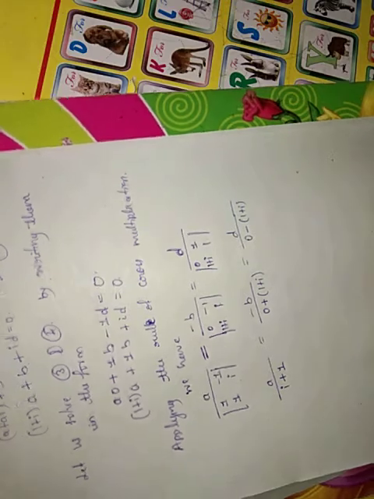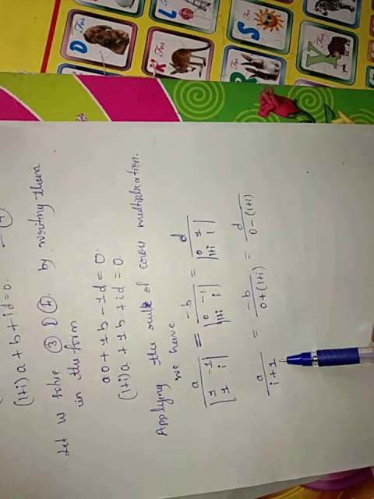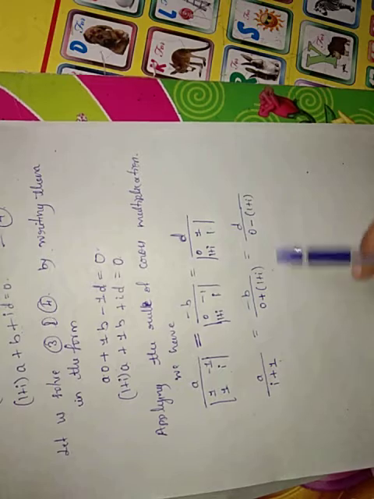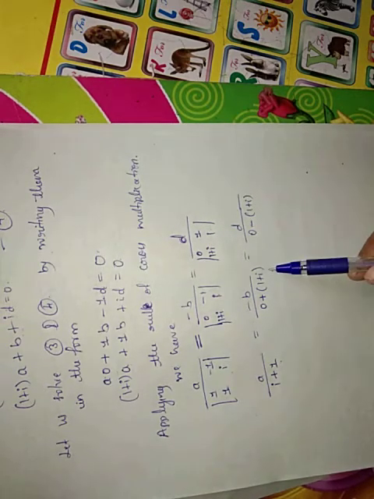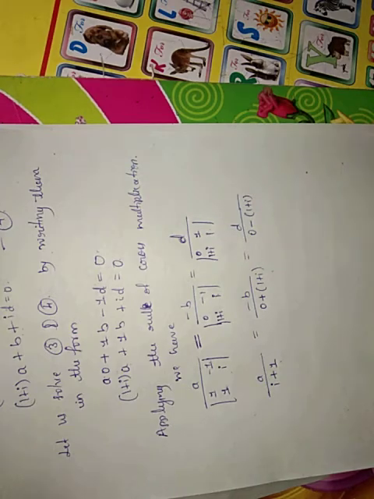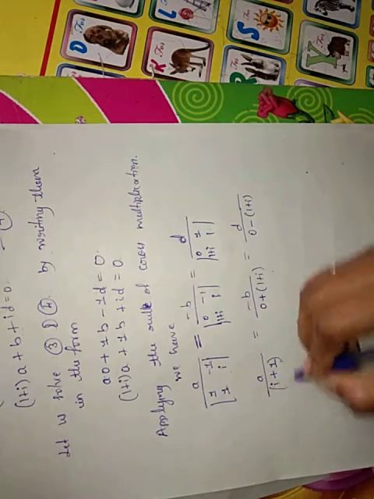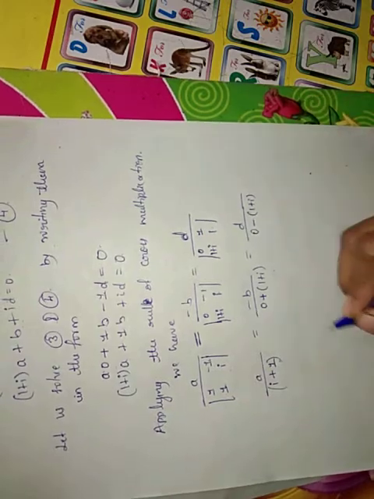Now we have to open the brackets and simplify. Everywhere there is a 1 plus i. As I told you previously, if there is any constant multiple in the unknowns, you can neglect it. So directly what I am doing here, I just cancel all the terms.